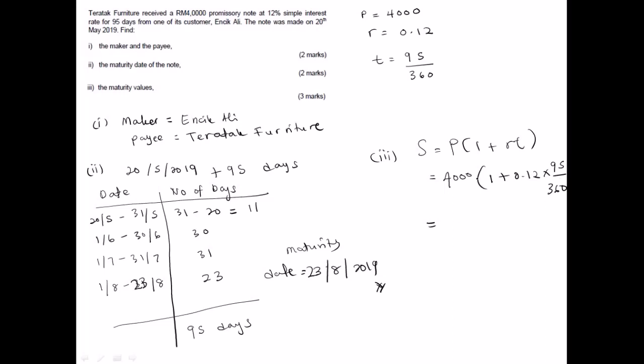Just follow what's written here: 4000, and then open bracket 1 plus 0.12 multiplied by 95 over 360, equal RM 4126.666. I take 67.